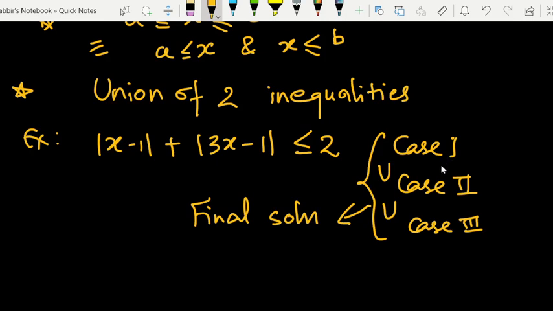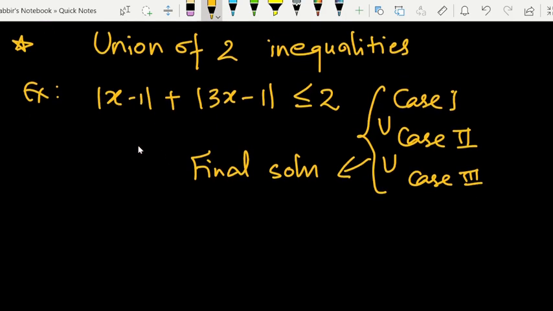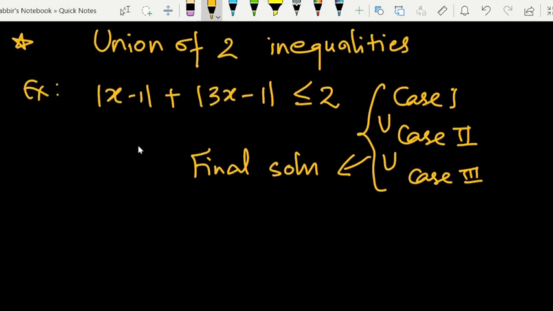Here, let's say if there are three cases, so this is one of the examples. This is a question example I have taken from modulus, and you will study it when you do modulus. So in certain questions, we have to take union of inequalities. Now, if you remember, what was the union of two sets?